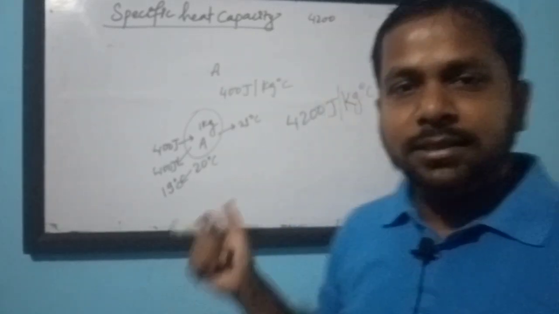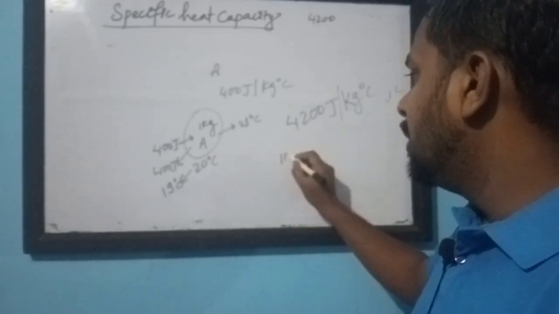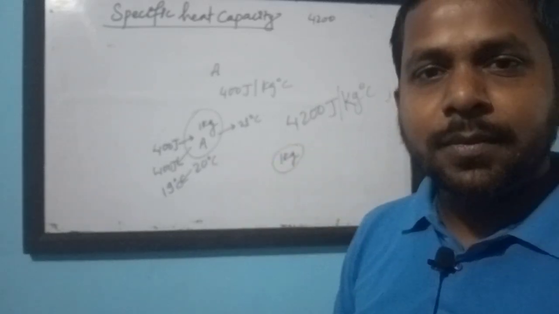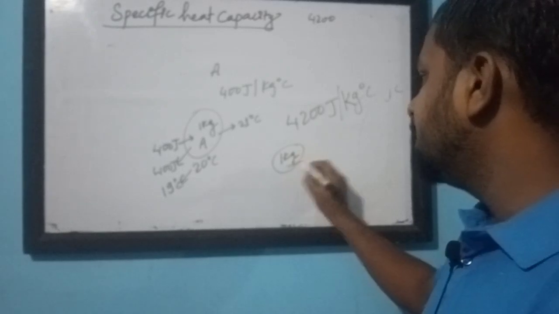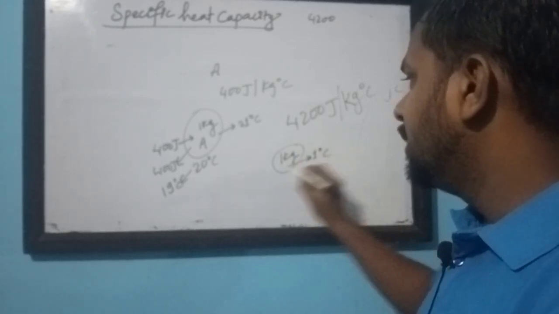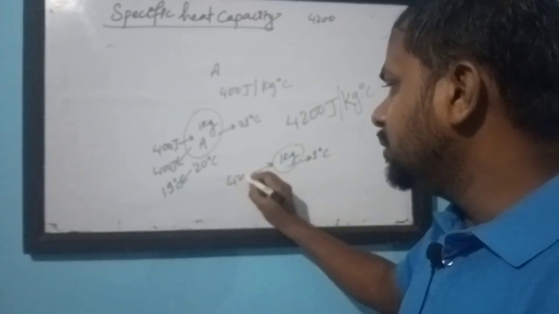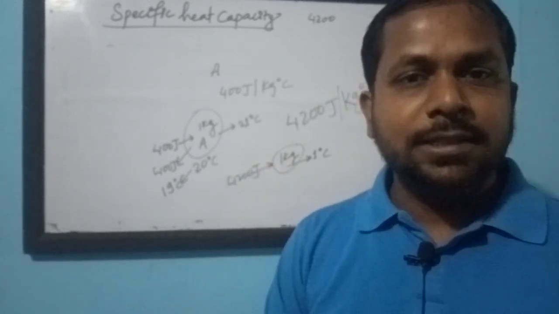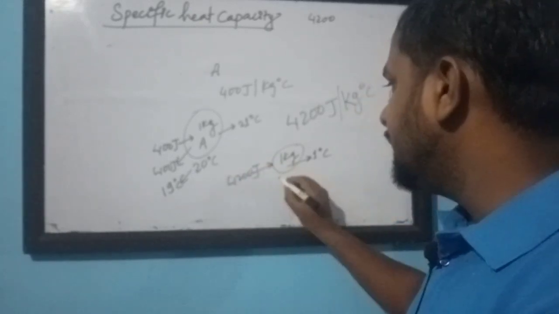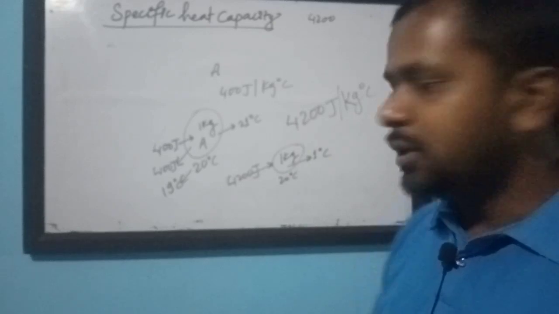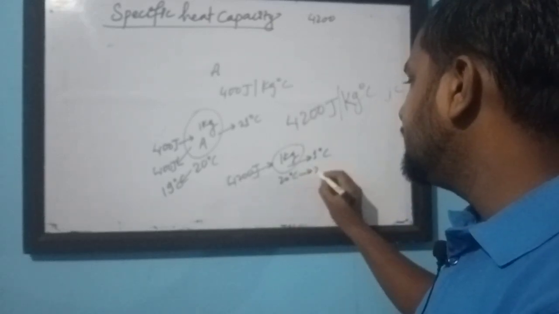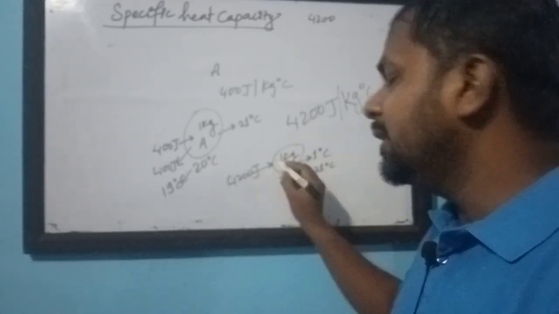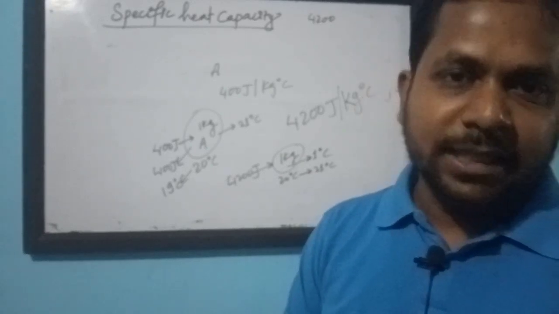Water has a specific heat capacity of 4200 joule per kg degree Celsius. Let us understand practically what this means. It means for 1 kg of water, to increase its temperature by 1 degree Celsius, we have to supply 4200 joule of heat energy. Suppose the water is at 20 degrees Celsius, to make it 21 degrees Celsius, we have to supply 4200 joule of heat energy.